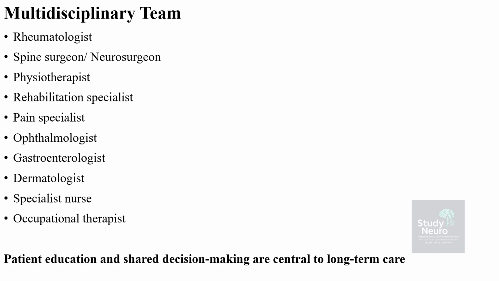Physiotherapists and rehabilitation specialists help maintain mobility, posture, and physical function, while pain specialists can address persistent pain that does not respond fully to anti-inflammatory treatment. Other specialists, such as ophthalmologists and gastroenterologists, contribute when extra-articular manifestations occur. The specialist nurse and occupational therapist also have important roles in education, daily function, and long-term self-management.